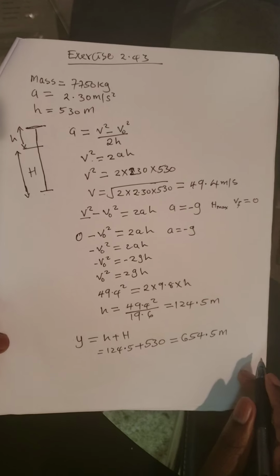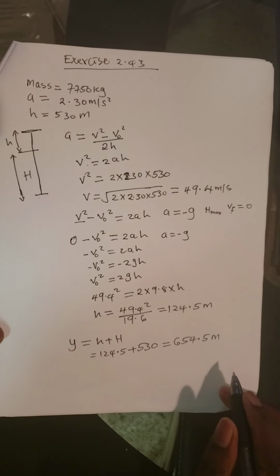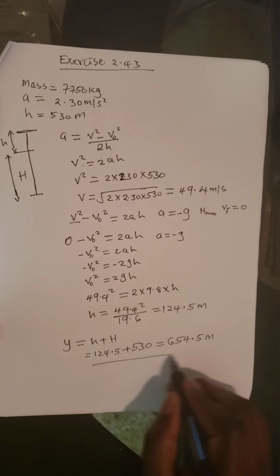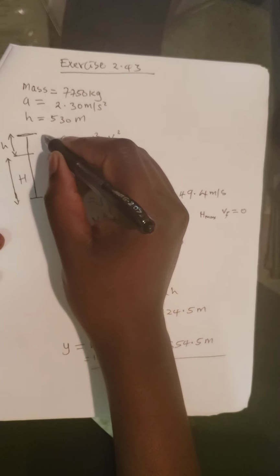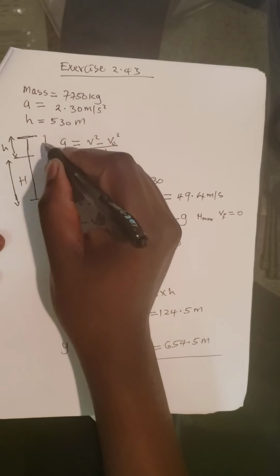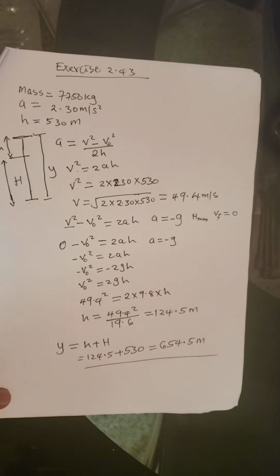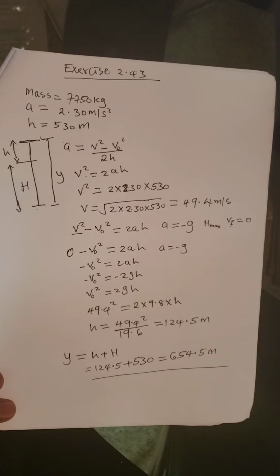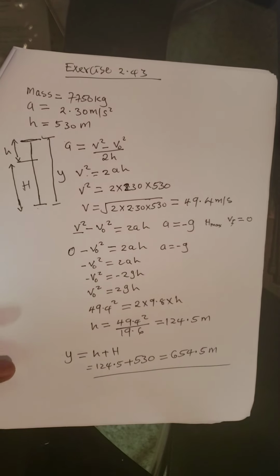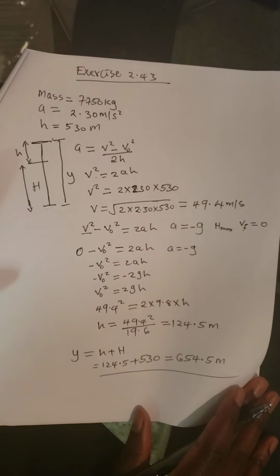The question was, what's the maximum height? So the maximum height is this one. So y is from here to here. This is y, which is this plus this, and the total is 654.5 meters. I'm going to move to part B.